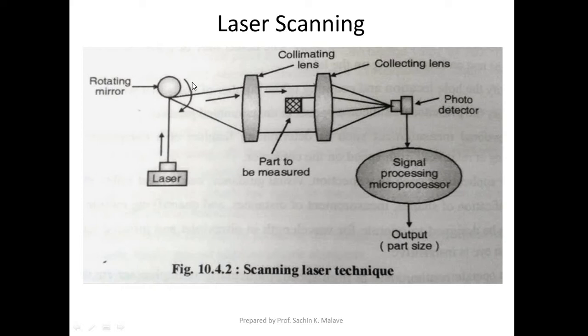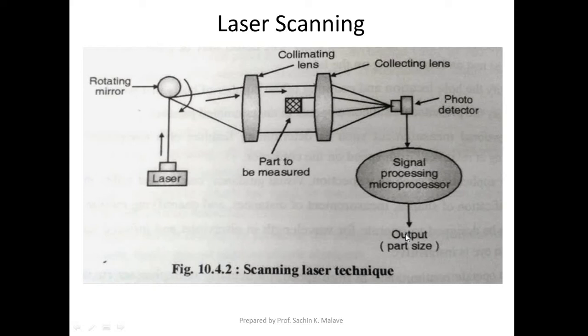This rotating mirror will deflect the laser towards the optical system. This is the collimating lens, which is used to convert the ray of light into a parallel beam of light. Then this is the actual part whose diameter, whose shape is to be determined. This is a collecting lens. This is a photo detector, and this is a signal processing microprocessor, and that will give the output size.